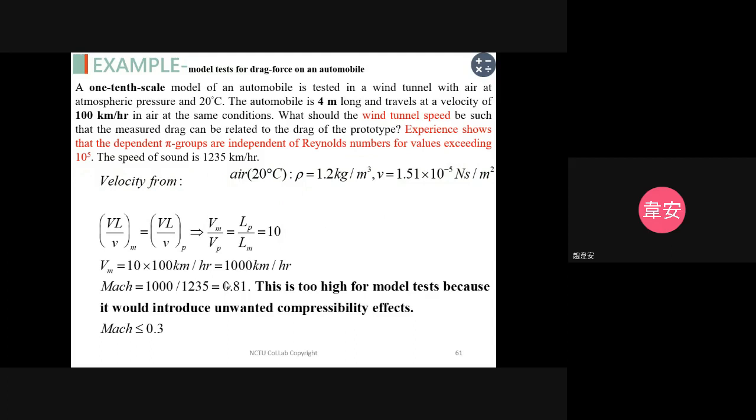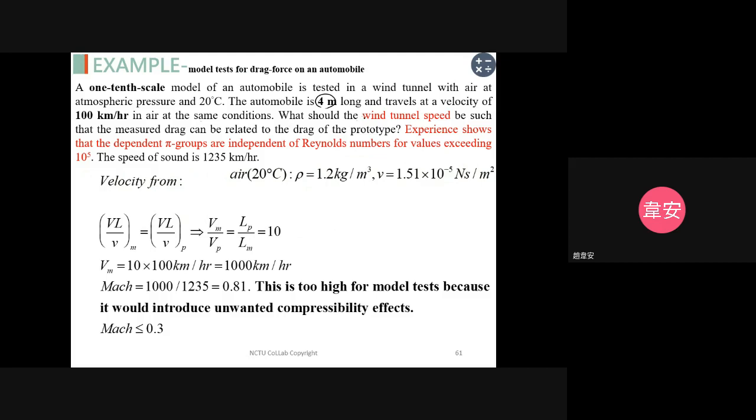So we have a 1/10 scale model of an automobile tested in a wind tunnel with air at atmospheric pressure and 20 degrees C. The automobile is 4 meters long and travels at a velocity of 100 kilometers per hour in air at the same conditions.